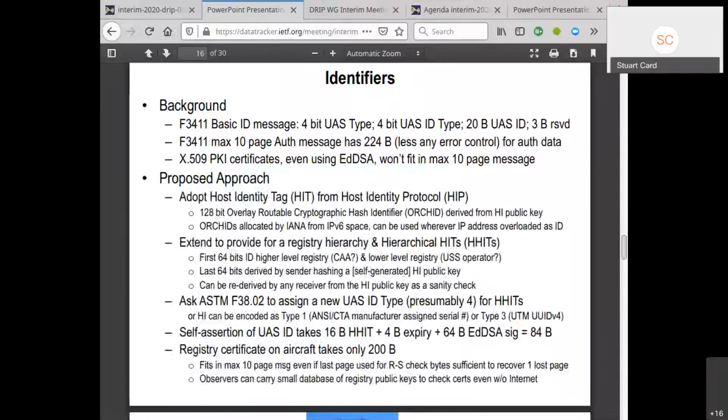Their certificate, and they have large message frames to work in. They're doing 802.11 OCB. They have a large MTU. They can deal with fairly regular X.509 certificates. We don't have that option here. We have to work within the Bluetooth messages.